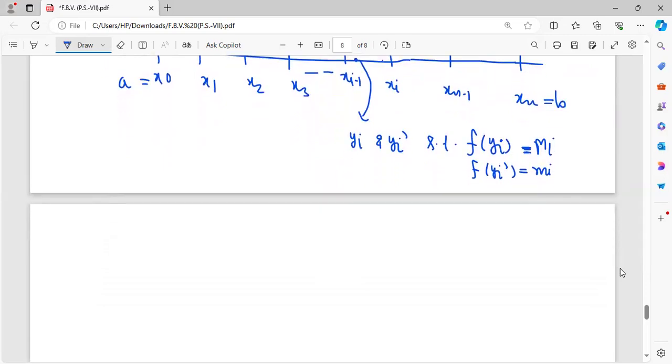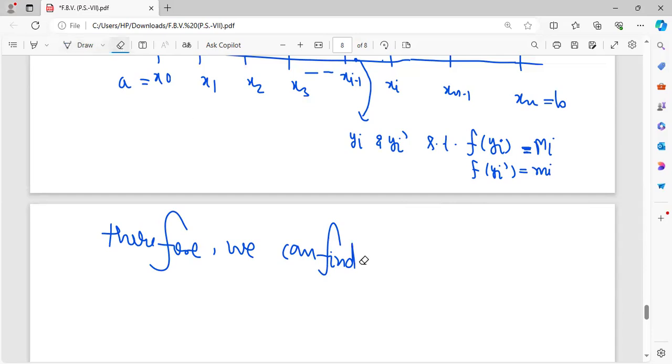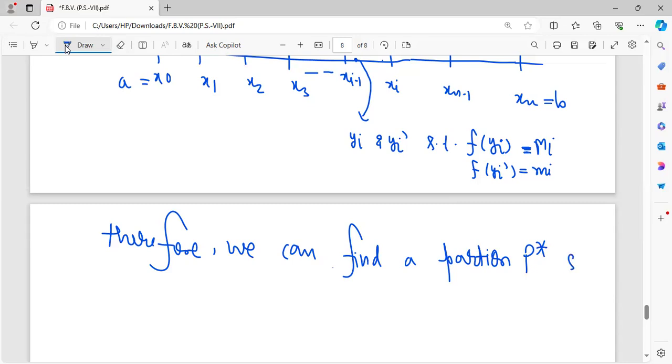Therefore, we can find a partition P star such that P is contained in P star and W(P,F) will be less than S(P star, F).